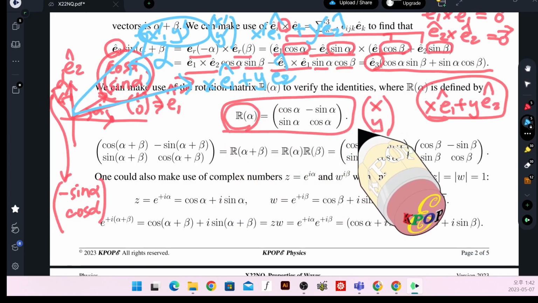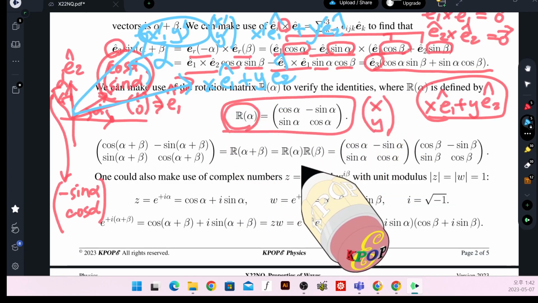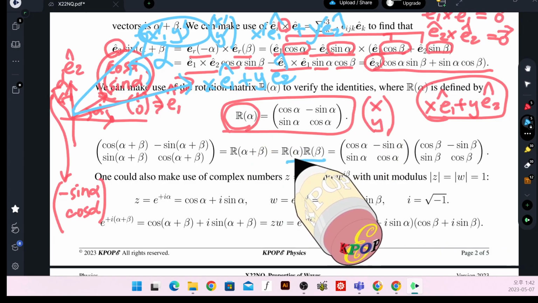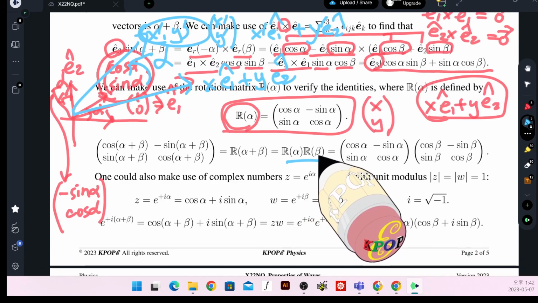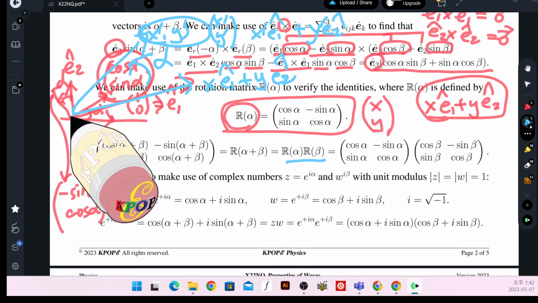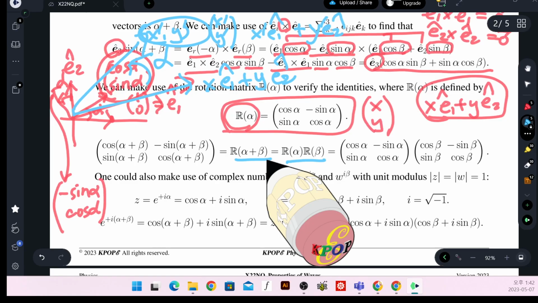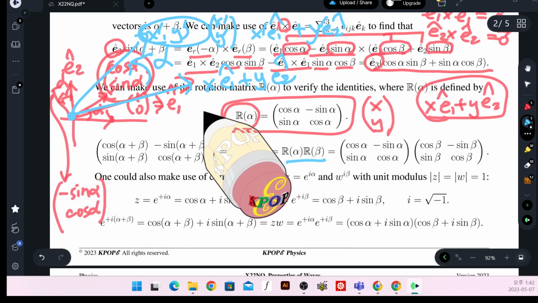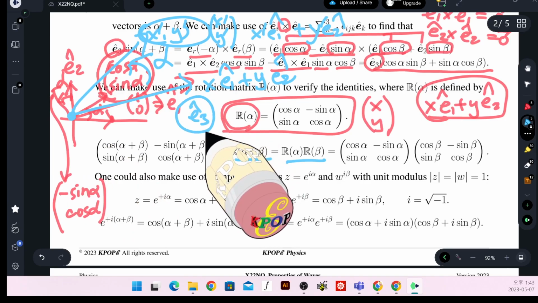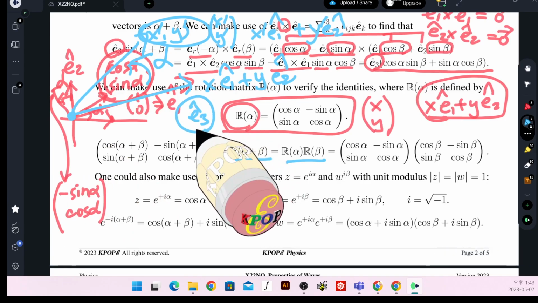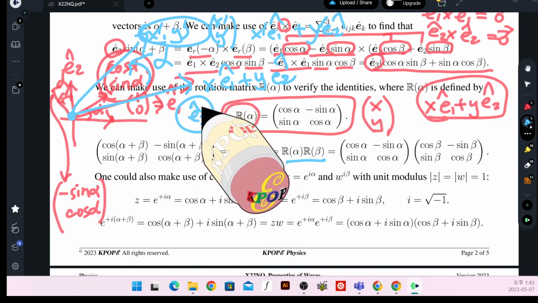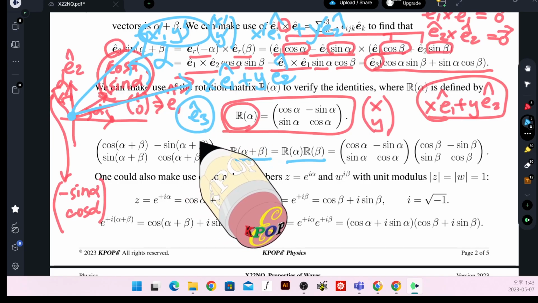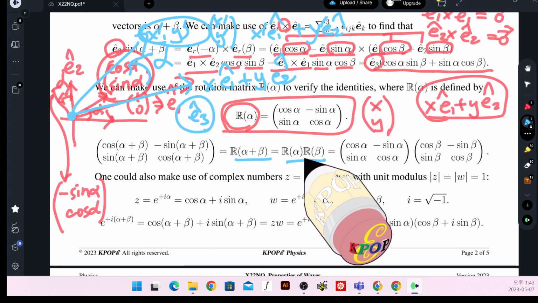Okay, so what about the product of these two rotation matrices? These two rotation matrices can be multiplied to find a single rotation matrix as long as we keep the axis of rotation, that is the positive z-axis, fixed. If it is not the case, if you change the axis of rotation, then you cannot obtain this kind of relation.